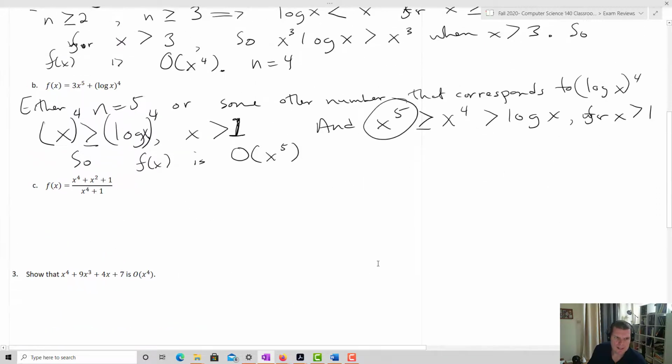What about c? x to the 4th plus x squared plus 1 over x to the 4th plus 1. Well, if we look at this, let's imagine we're going to take the limit as x goes to infinity.